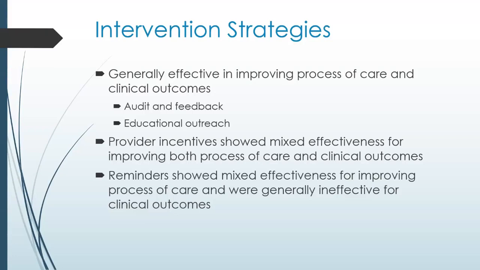Provider incentives showed mixed effectiveness for improving both the process of care and clinical outcomes, and the reminders showed mixed effectiveness for improving process of care, and they're not effective for clinical outcomes. So this is useful information too, because the next time a guideline comes out, it's good to remember this in terms of planning how you're going to educate people.